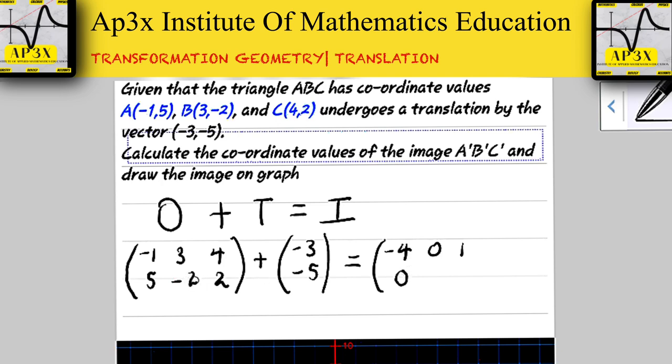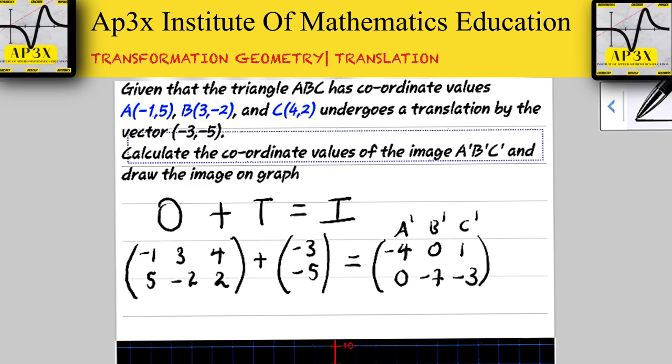Then -2 plus -5 is -7. And lastly, 2 plus -5 is -3. So therefore, this would be our calculation for A prime, B prime, C prime.